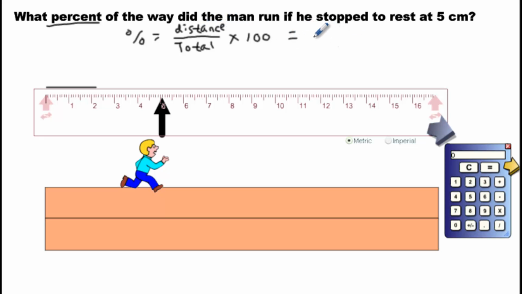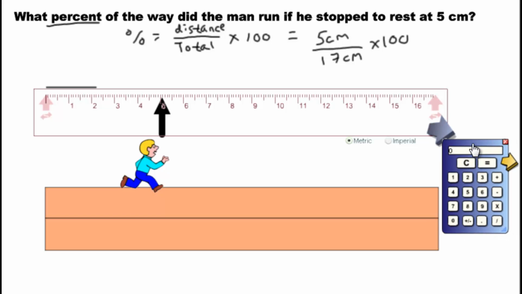Now, we are going to write the distance on the top. Let's write 5 centimeters. On our denominator will be the total distance of the racetrack, which is 17 centimeters. We will multiply this answer by 100, and whatever we get will be the answer.